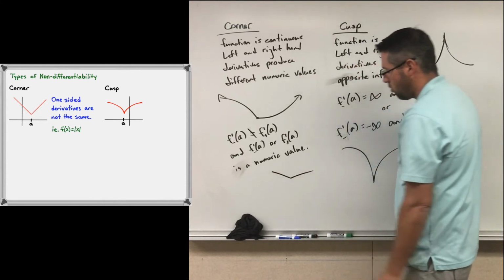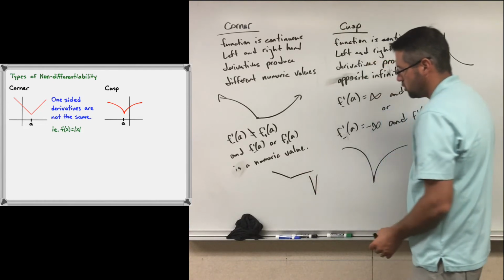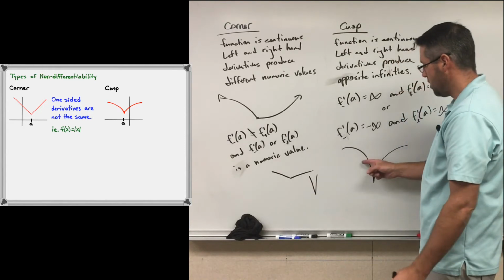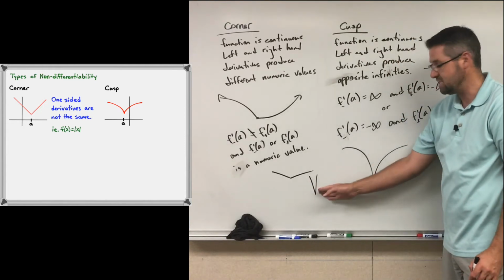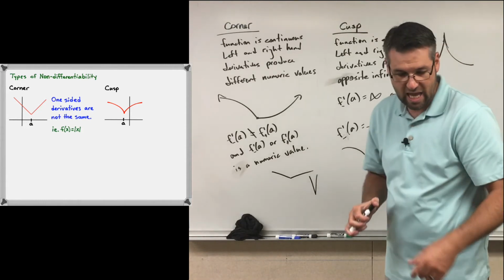In a corner the slope is some numeric value on both sides, whereas here it's going vertical. That's the difference between a corner and a cusp.